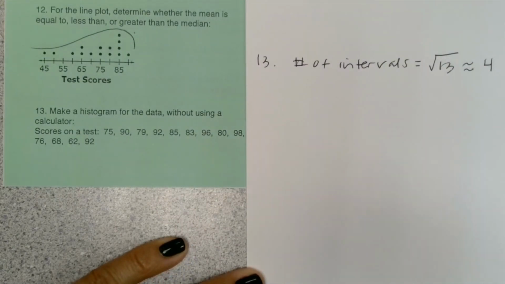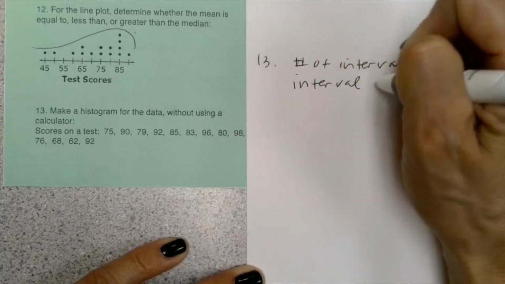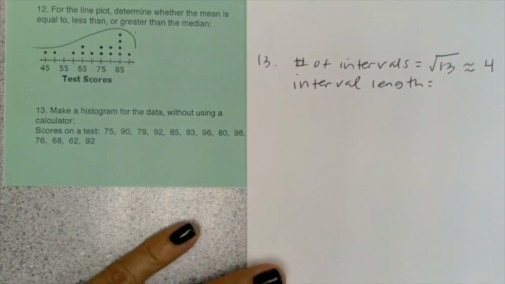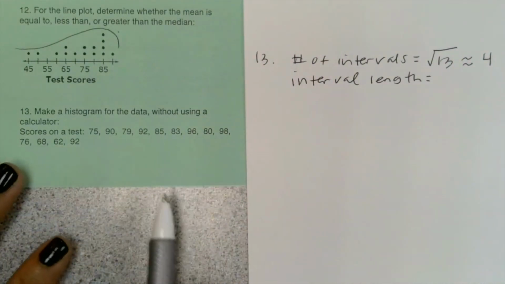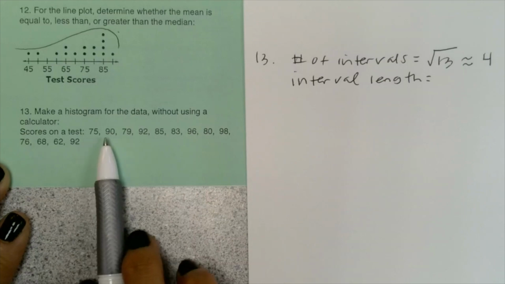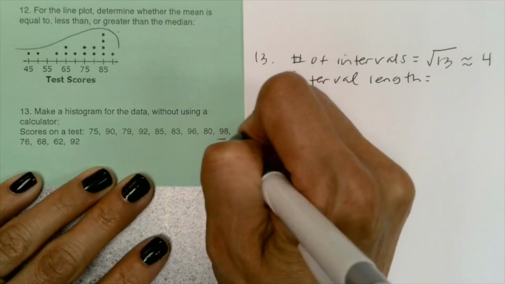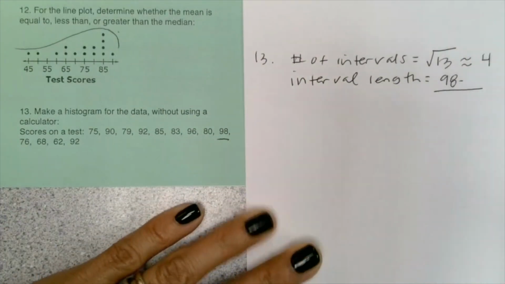The next thing we need to do is find the interval length. To find our interval length, what we do is we take the greatest value. So we'll go through and find which value is the biggest. And it looks like it's 98. And we'll subtract the smallest value.